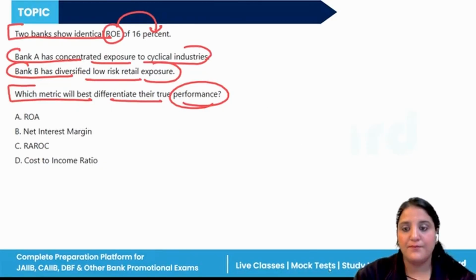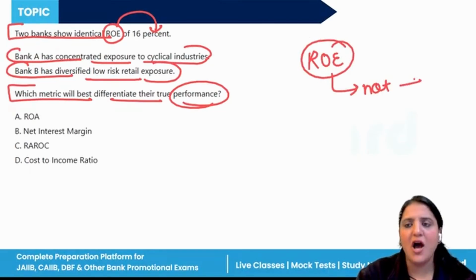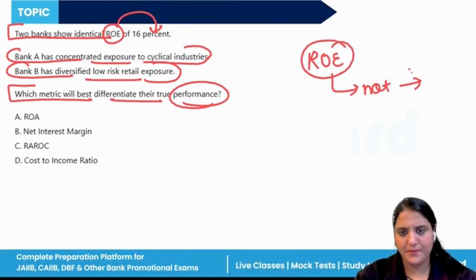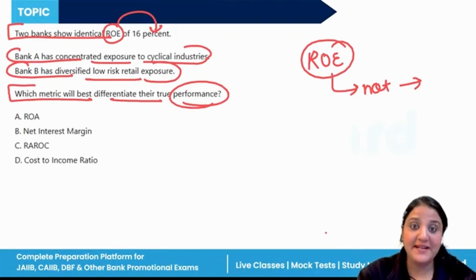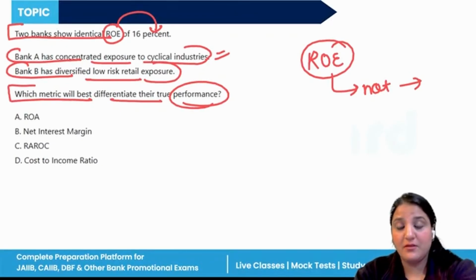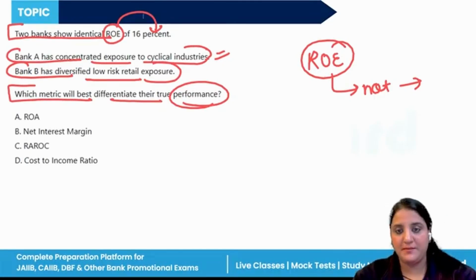See, ROE does not show how much risk is taken. Bank A here may be taking excessive risk to generate that 16%.